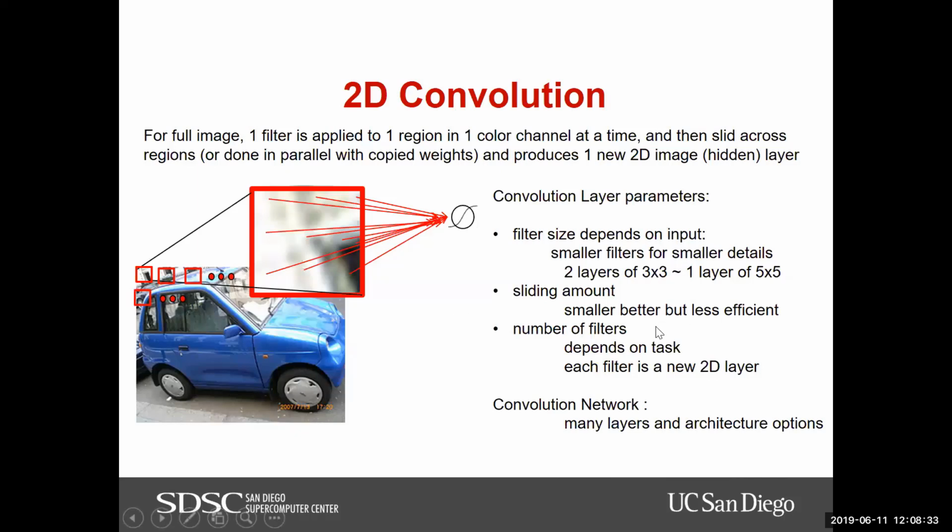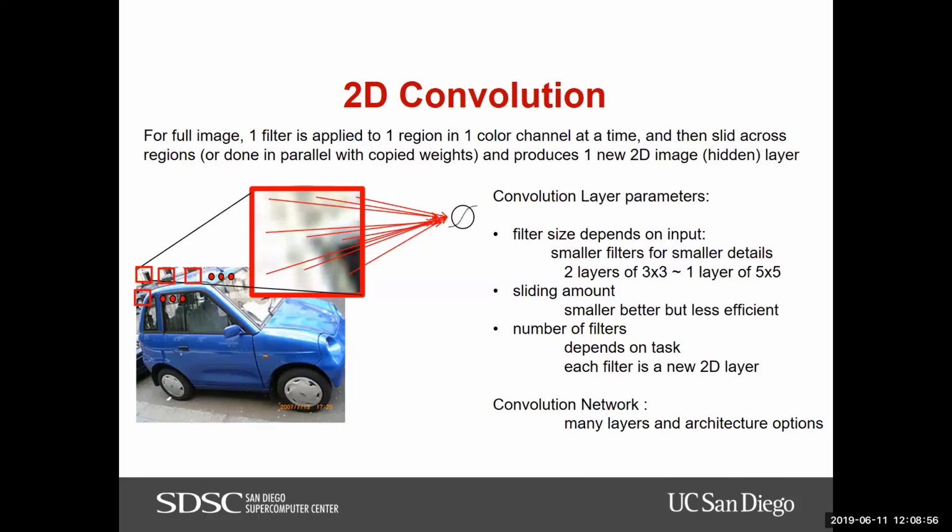Also the number of filters. In a convolution network, remember, the same filter is applied to the whole image, so you have to choose how many different filters you're going to have. Remember, each filter is probably going to be looking for one kind of thing, maybe, like I said before, one kind of line in some direction.